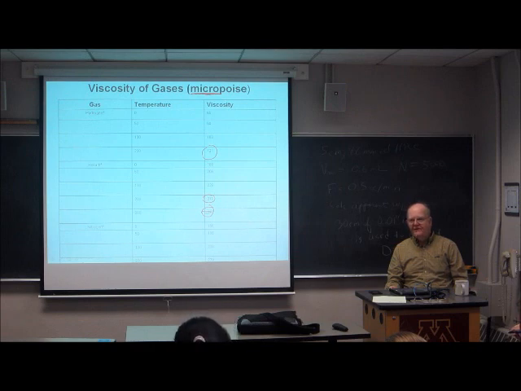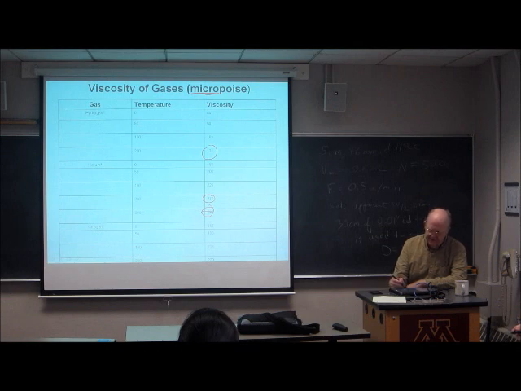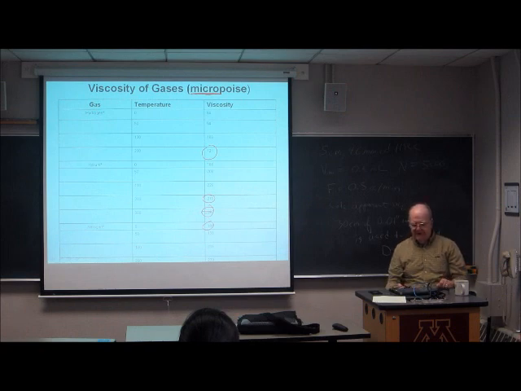Also notice, somewhat unintuitively, that as you warm a gas up, its viscosity increases. And nitrogen, as being a lot heavier than either helium or hydrogen, has a substantially higher viscosity.